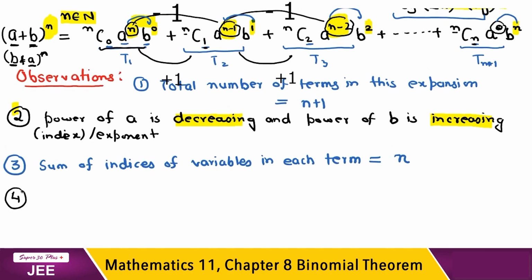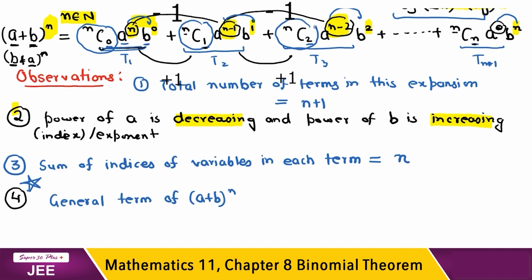Let's see the fourth observation. Observation number 4 is going to be a very important one, because here we are going to observe the general term in the expansion of A plus B whole raised to the power n. See, for T1, term number 1, we had nC0. For term number 2, we had nC1. For term number 3, we had nC2.